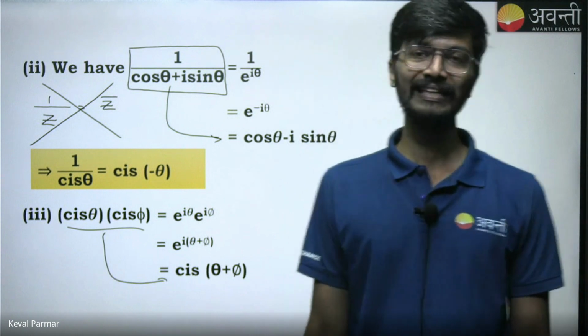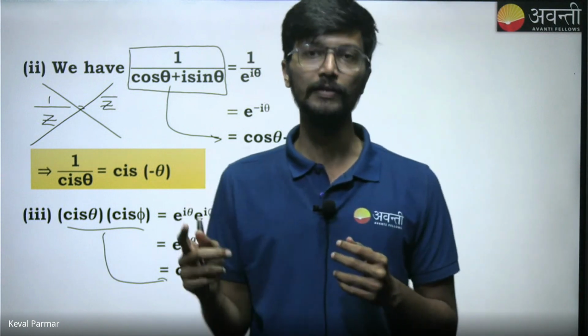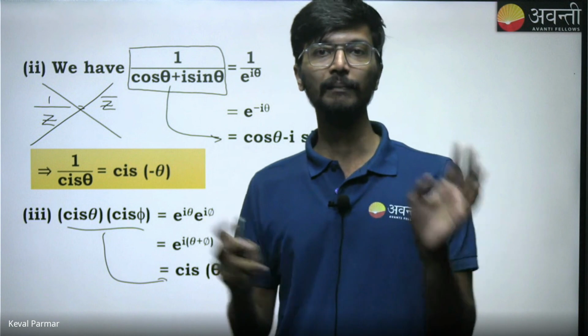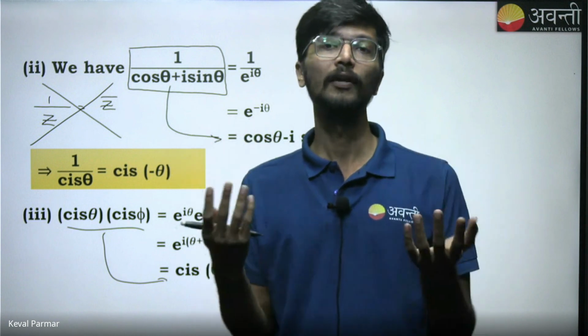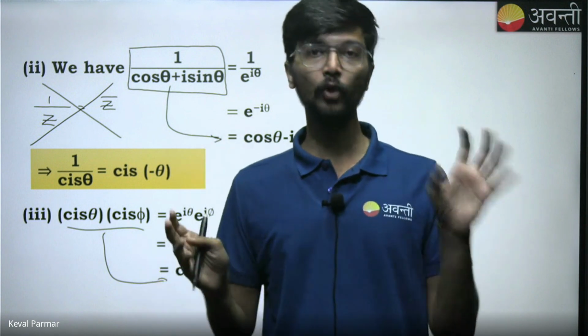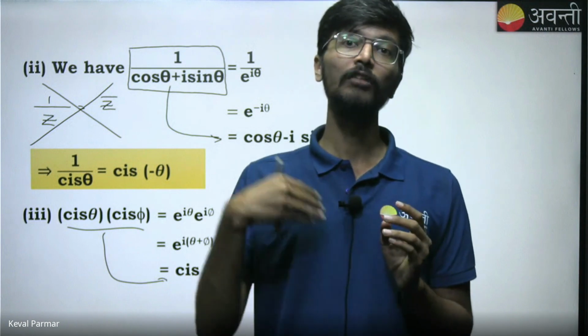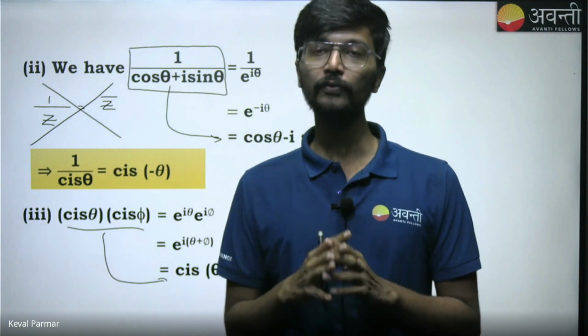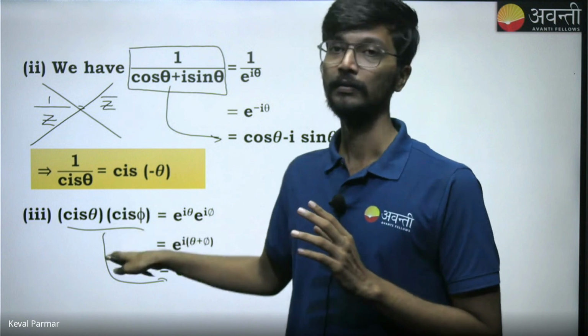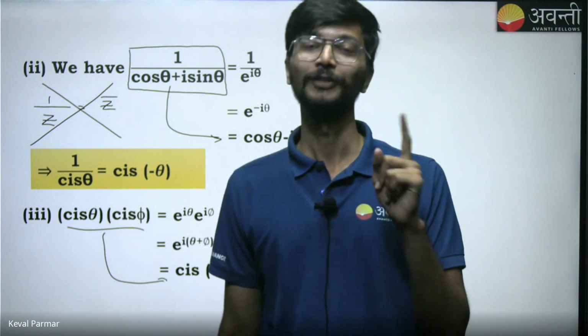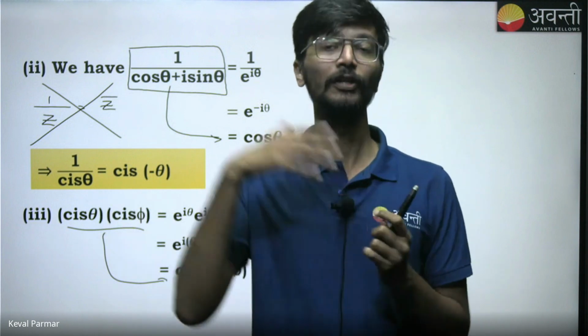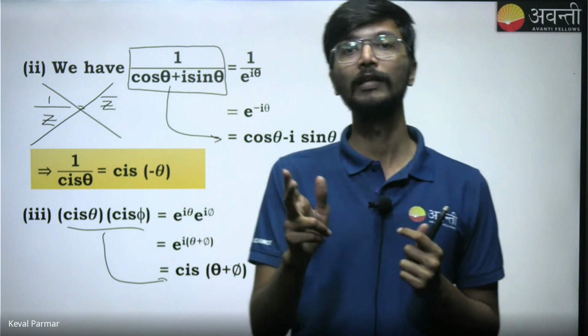So I hope it is clear how useful exponential form is, because whenever we need to multiply two or more complex numbers, or divide two or more complex numbers, it is always better to use the Euler form. This is one of the main uses I told you for using complex numbers.